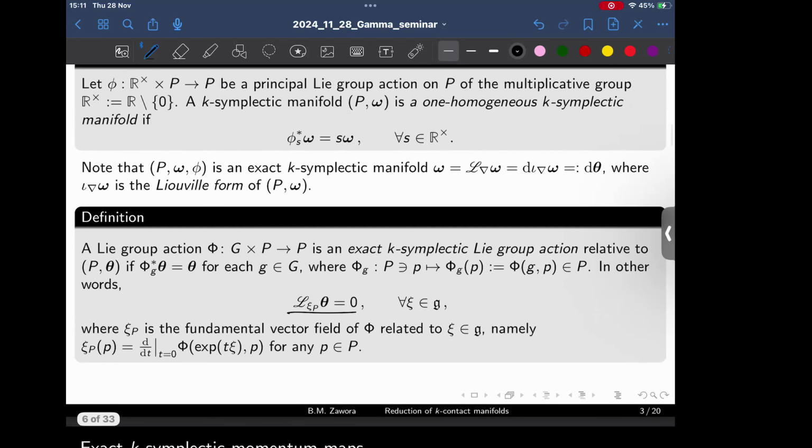So it can be written as: the Lie derivative of bold theta with respect to the fundamental vector field xi_P is equal to 0, where xi_P denotes the fundamental vector fields, which are the vector fields tangent to the orbits of our Lie group action, basically. Here is the definition.